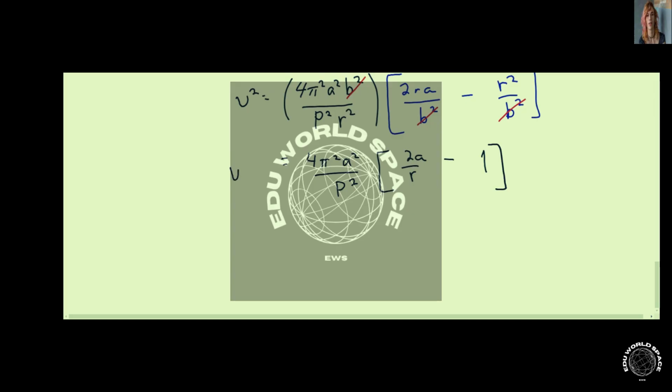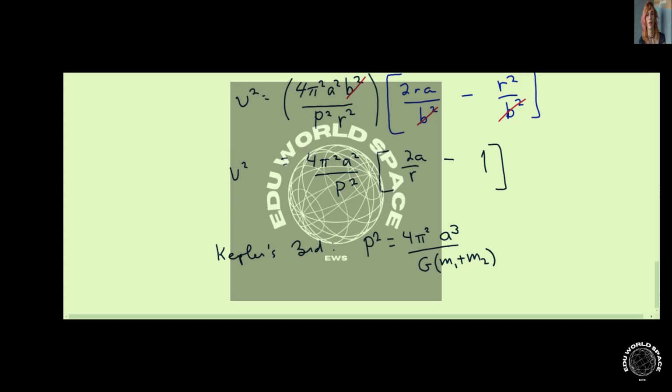This is a perfectly good relationship, but to work it out even further, we can use Kepler's third law, at least the fancy form of it, that P squared is 4 pi squared a cubed over G times m1 plus m2.